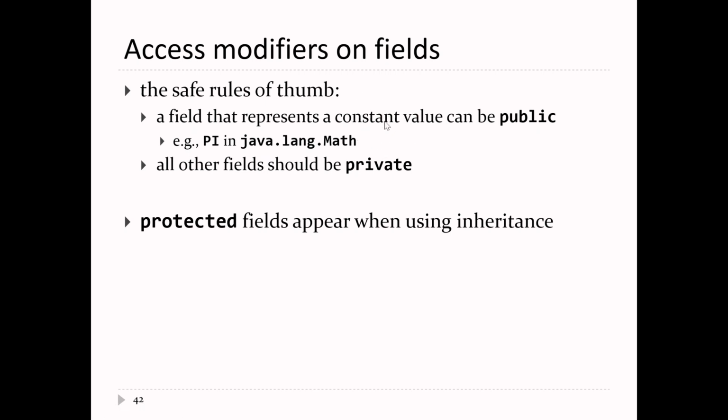Imagine if it wasn't constant and public. Then someone could come along, change the value of pi, and that screws up everybody that's using that field. If it's not a constant, then by default, you should probably make it private. Later on, we'll relax that rule, and you'll be able to use protected fields when you need to.